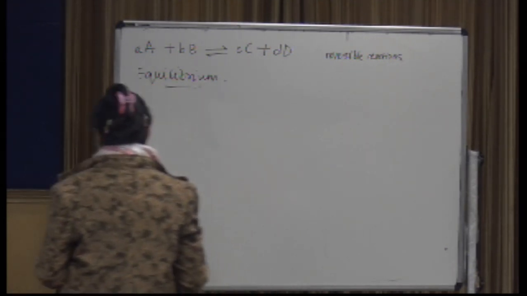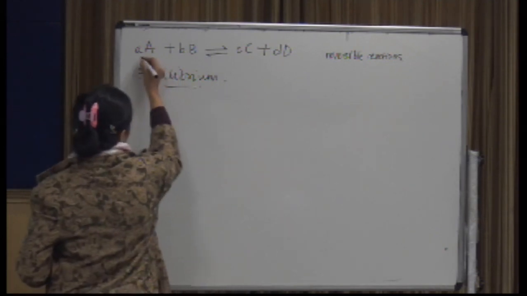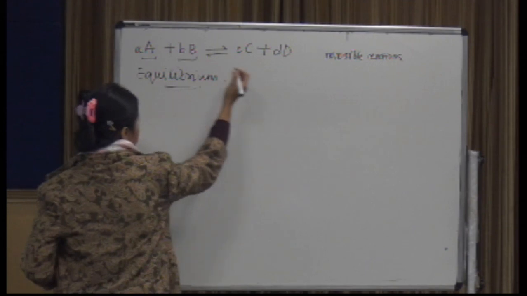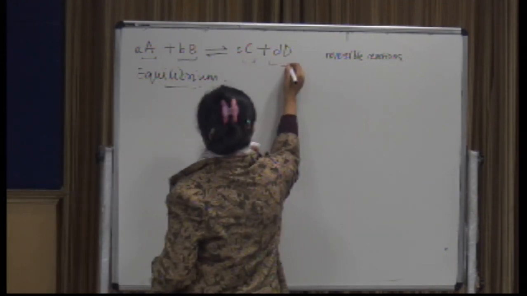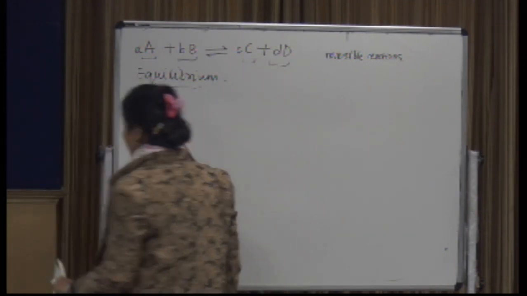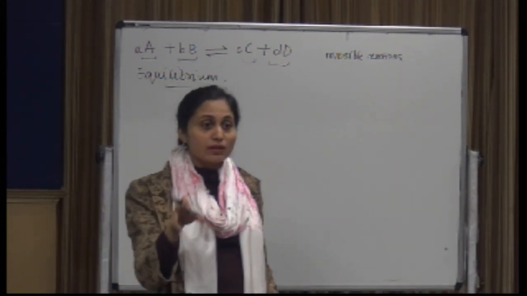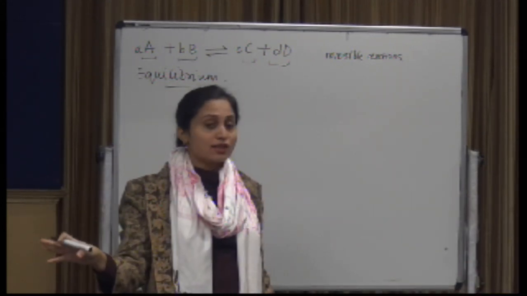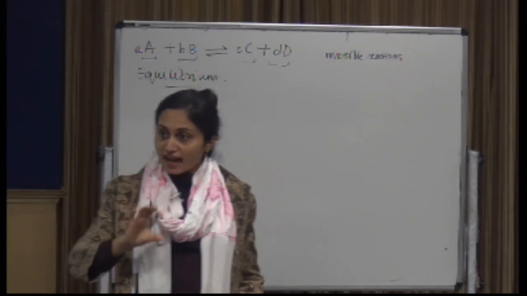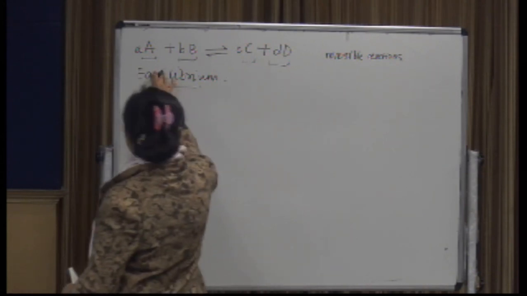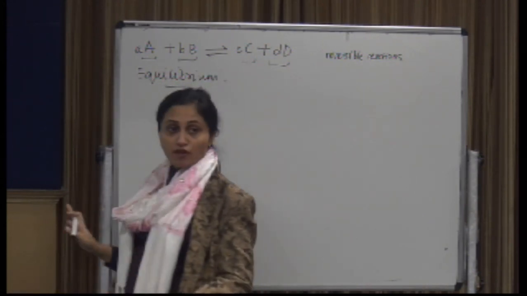Now here, remember that we have the reactants and the products. The concentration of the reactants and the products at equilibrium is known as the reaction equilibrium mixture, because that is the concentration of the reactants and the products at the stage of equilibrium.